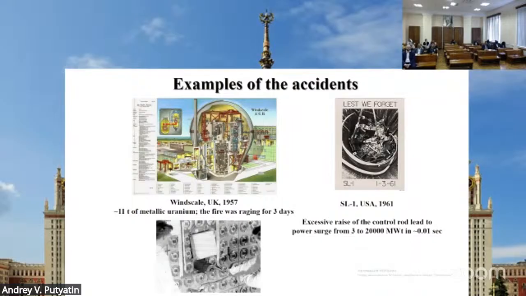So at Windscale in 1957, there was a severe fire of graphite cladding. And for 3 days, the fire in the reactor core was taking more and more fuel channels. Finally, the reactor was shut down, and despite the accident having happened in 1957, the final decommissioning of the reactor is scheduled for 2035, not earlier.